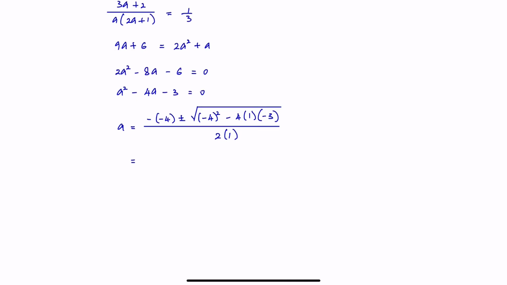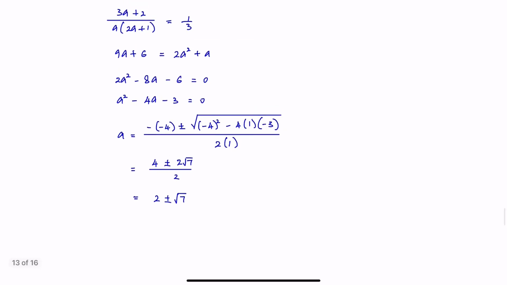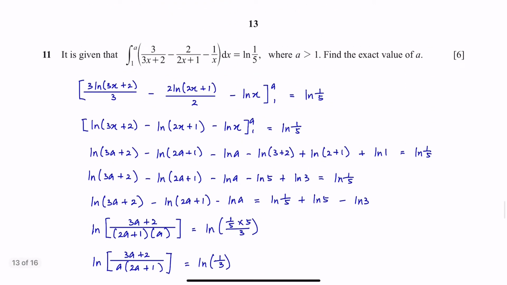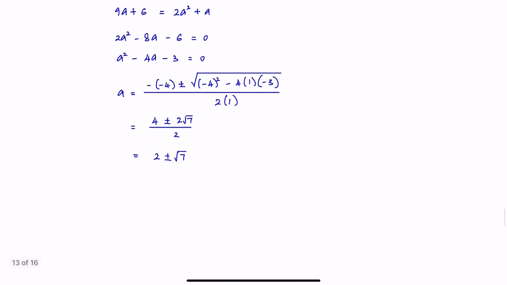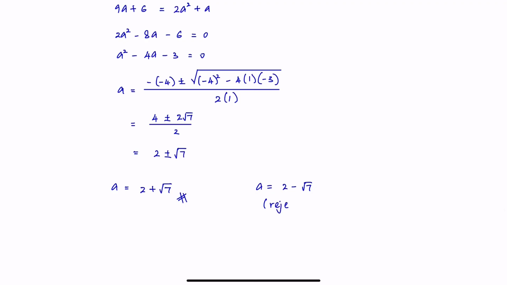And this would give us 4 plus minus 2 root 7 over 2, which is 2 plus minus root 7. And if we look back at the question, it says that a is larger than 1. So the final answer should be 2 plus root 7, because 2 minus root 7 is less than 1, and we should reject it.